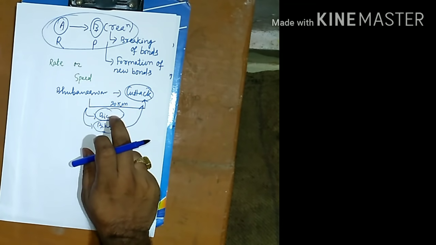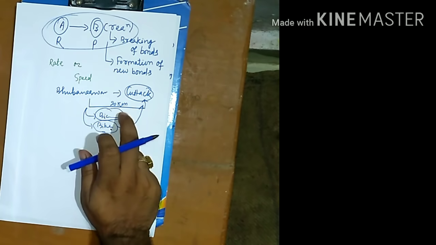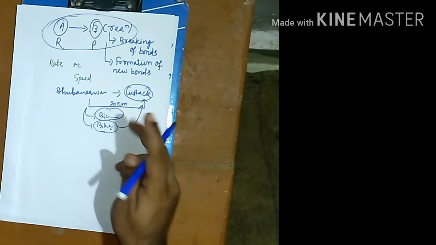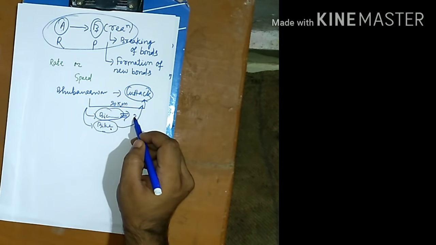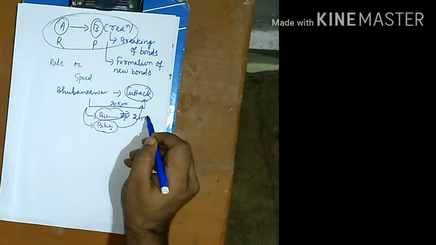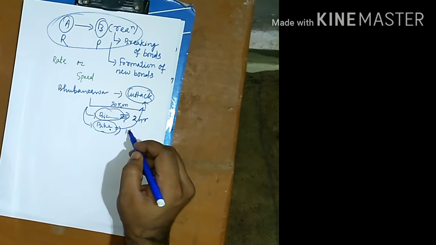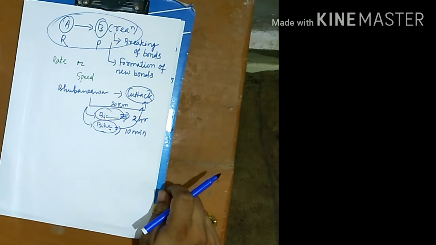And the person moving with the bicycle has a low speed and is completing the journey in more time. If we are moving with a bicycle, maybe it will take 2 or 3 hours. But if we are moving with a bike, we will reach within 10 minutes. So that's how you can understand the speed.